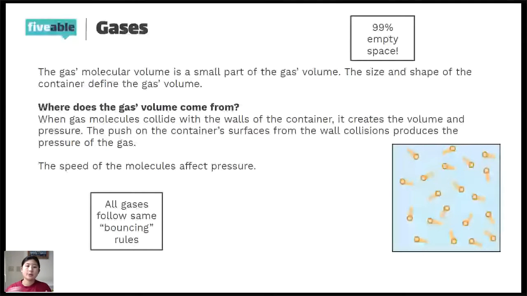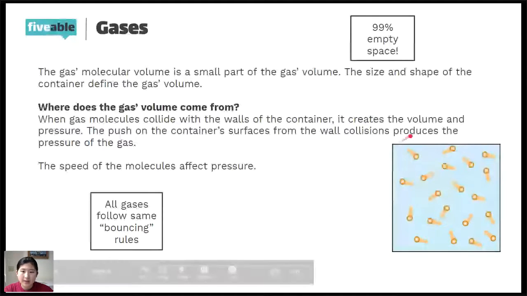The push on the container surfaces from the wall collisions produces the pressure of the gas. When we talk about pressure, it's really about how hard the gas molecules are pushing on the walls of the container. As you can see here, hold on, I'm going to get my pointer out. There's a picture of a gas.